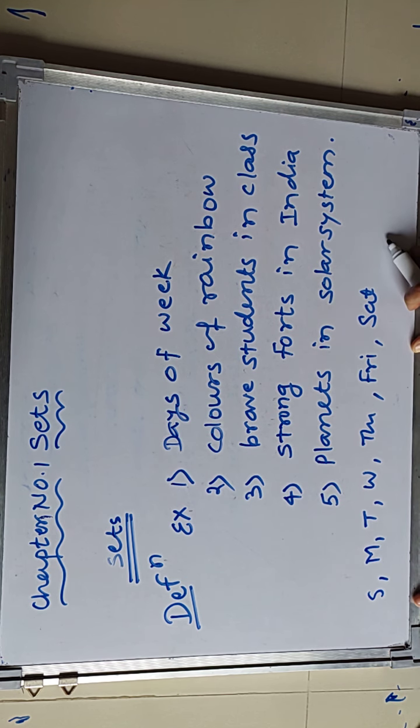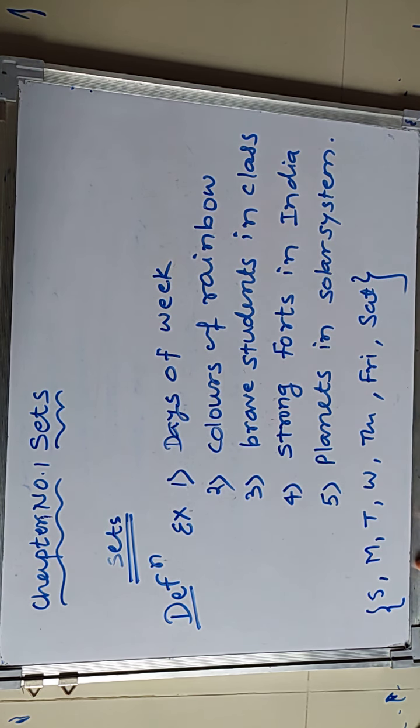These are the days of the week. A collection of all the days is said to be a set. You are getting particular information about that. Therefore, it is said to be a set.